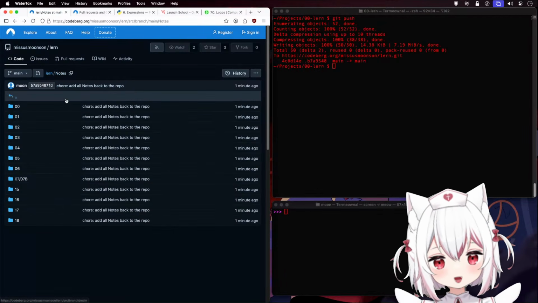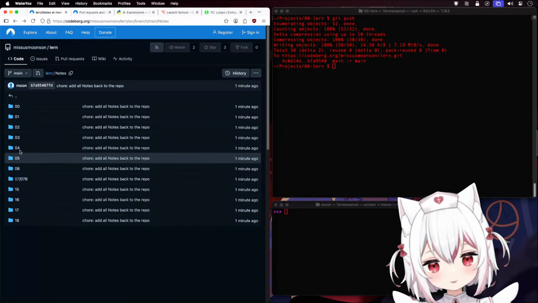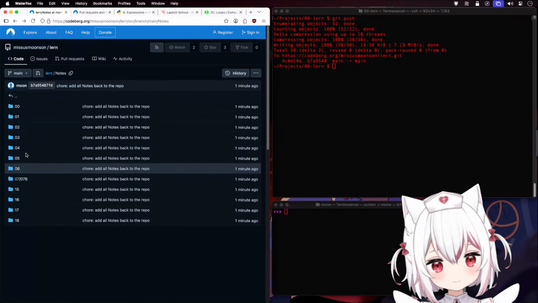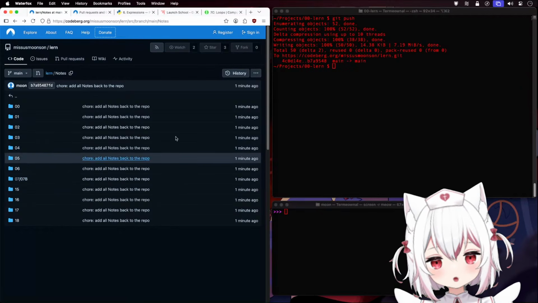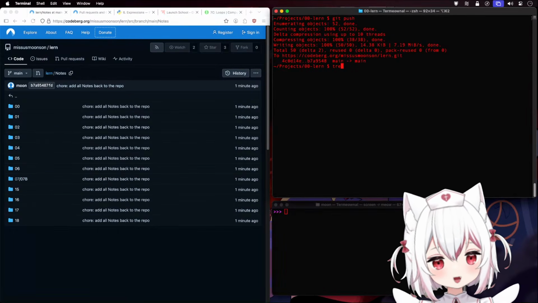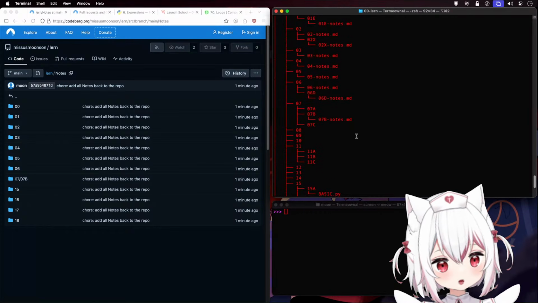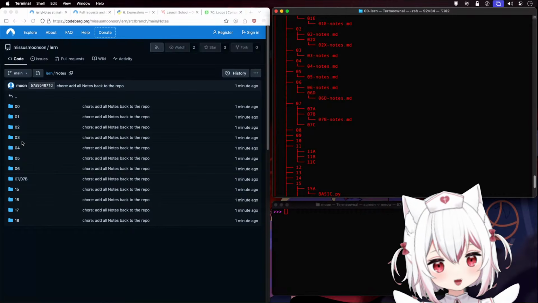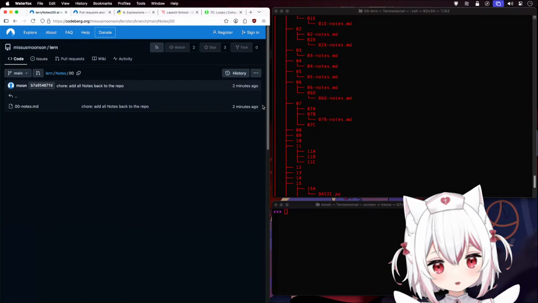Oh, is it just the ones that are edited? I don't get it. My tummy hurts. Is it because there are no files in the other ones? I don't really understand how Codeberg works.